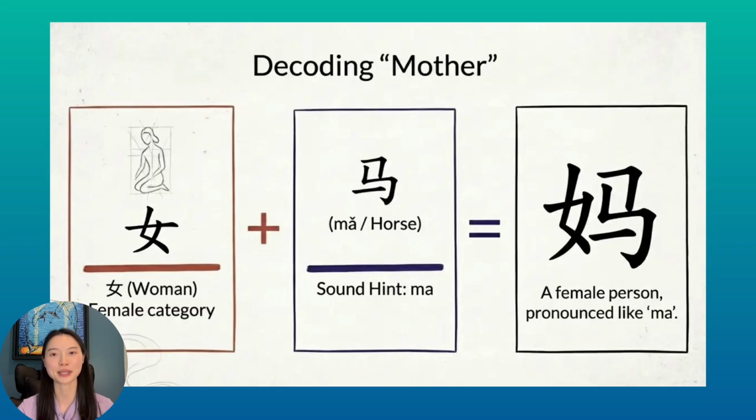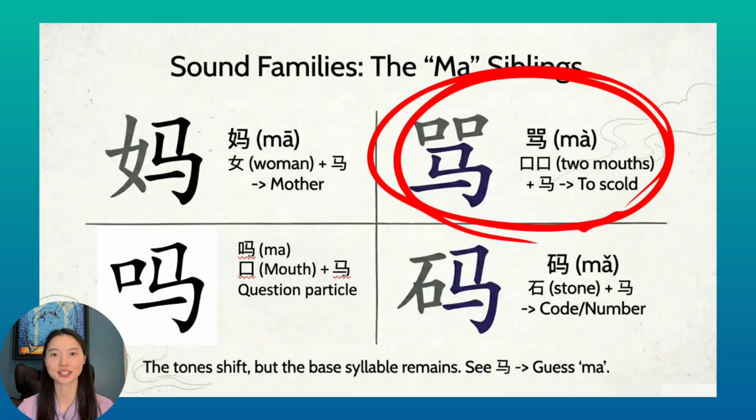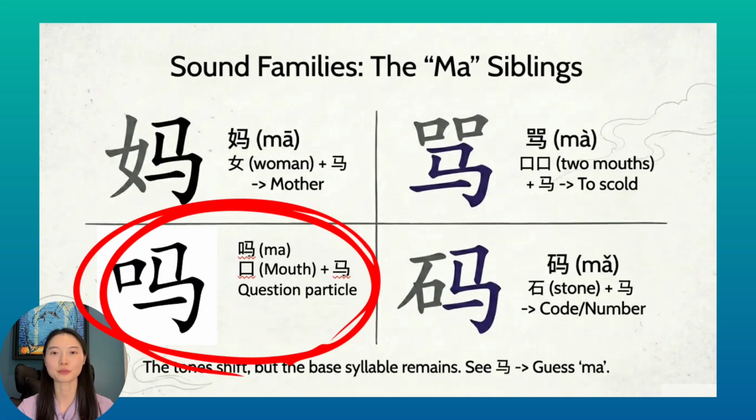Meet the ma siblings. Mā, mother: woman plus 马, first tone. Mà, to scold. Look at the top. 2 mouths plus 马. 2 mouths yelling at you. That's scolding. Fourth tone. Ma, the question particle. 1 mouth plus 马. You already know it. 你好吗? It turns a sentence into a question.